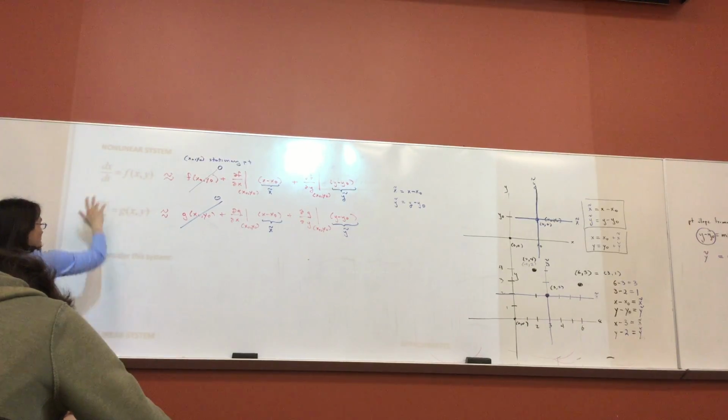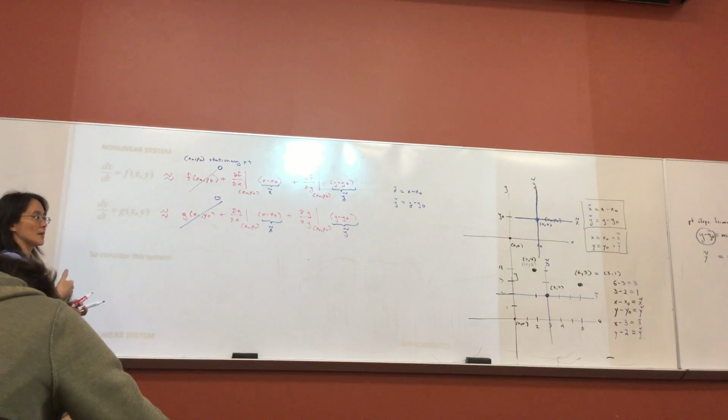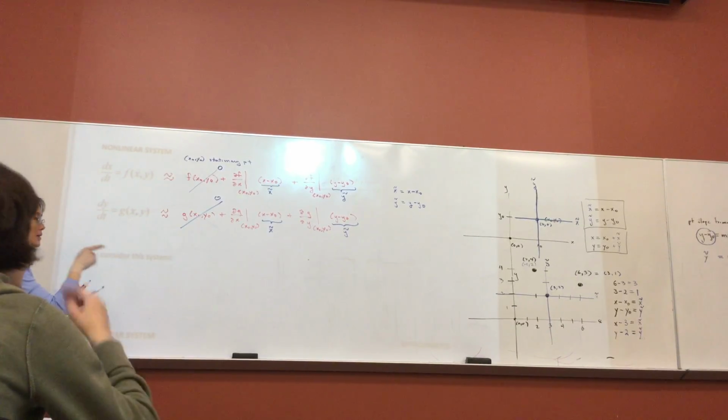this is our actual system, but we can see that this system is approximated by something that's linear.